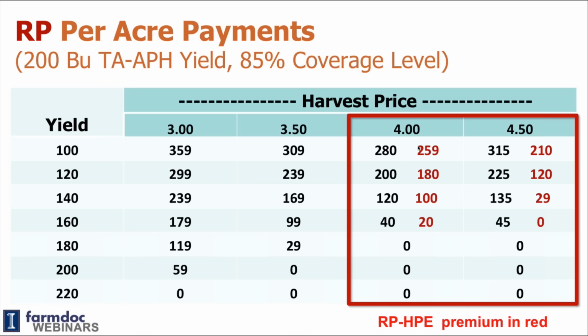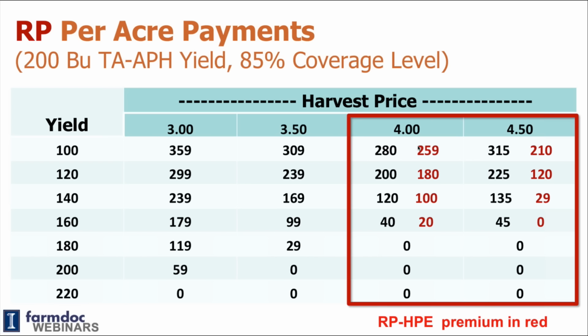The other caveat to using RP with the harvest price exclusion is that you should be doing minimal amounts of pre-harvest hedging, because if you're hedging with RP, you can be taking off the protection offered by the underlying insurance product. The guarantee increase in RP provides protections if prices rise.